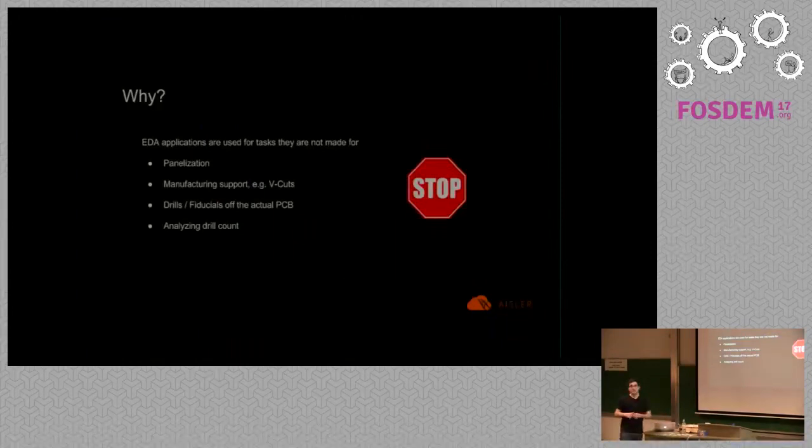If it comes to panelization, adding V-cuts for the fab so that you display them where to cut your PCBs, fiducials, drills of the actual PCB, because you do not want to have them on your project, but they are more a support for manufacturing the PCB. So what I ask myself is, why are we using EDA applications like KiCad, Eagle, whatever, for these tasks?